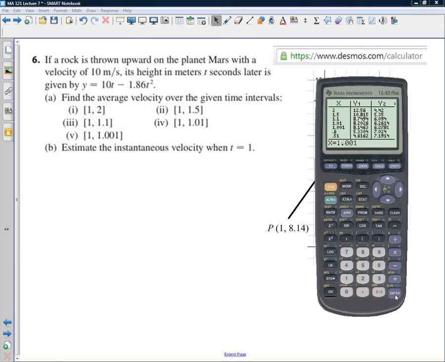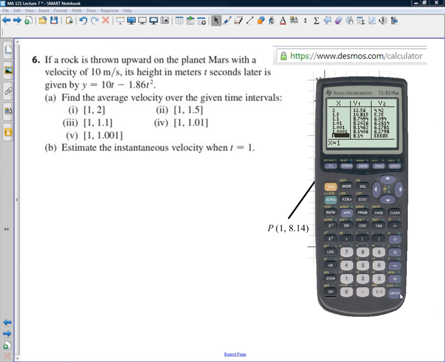And although they don't ask for it, we can drive it closer, 1.0001, right? But, you know, if I put 1 in there, I'm going to get an error message, because although it can calculate the y, when I try to calculate the slope, now I have 1 minus 1 in the denominator, and of course that doesn't work.